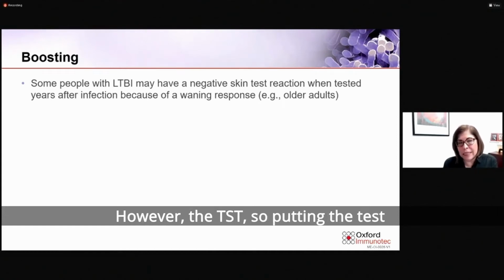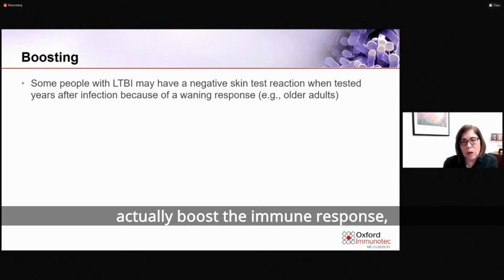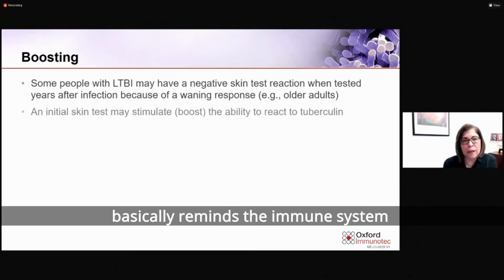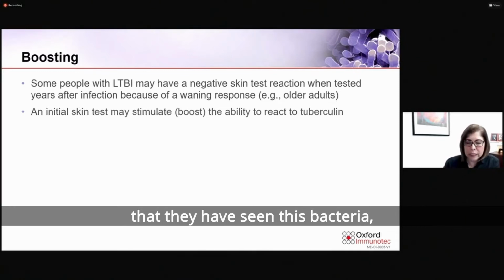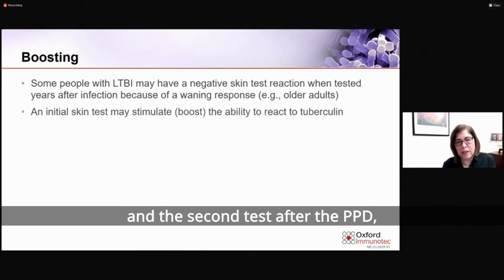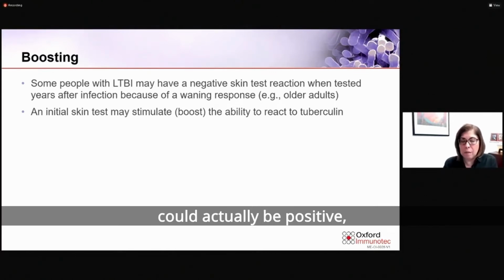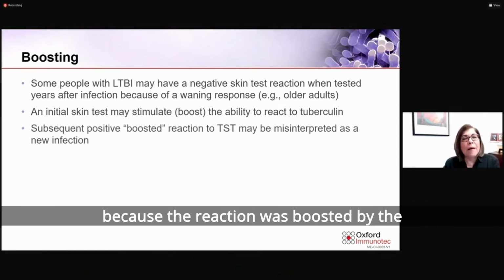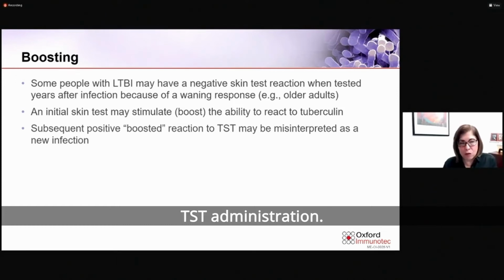However, the TST, so putting the test, actually boosts the immune response, basically reminds the immune system that they have seen this bacteria. And the second test, so a second PPD, could actually be positive because the reaction was boosted by the TST administration.